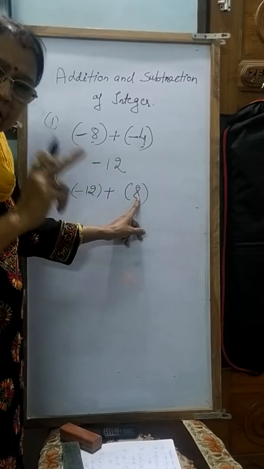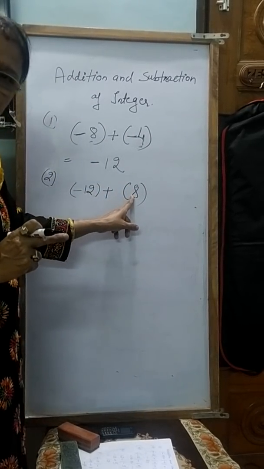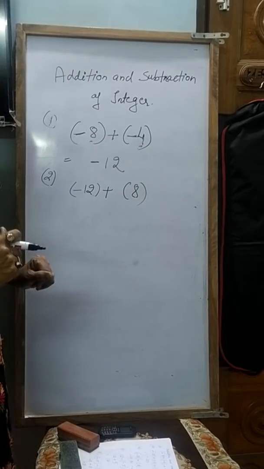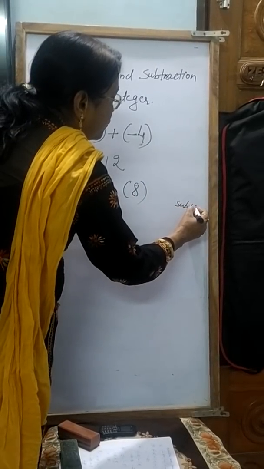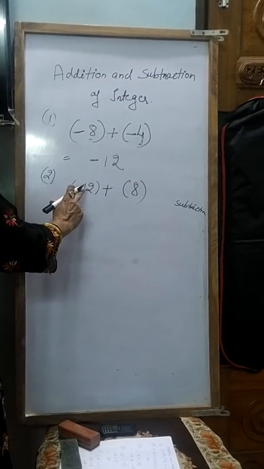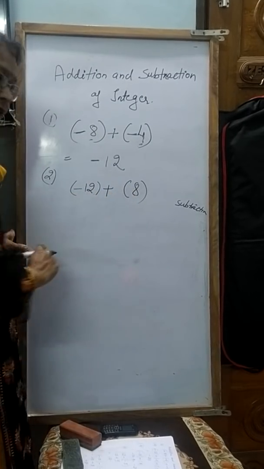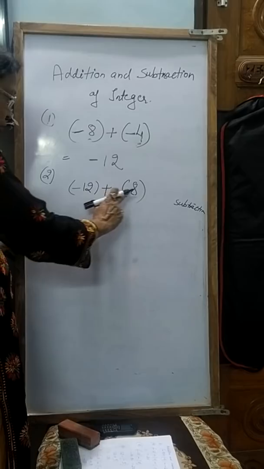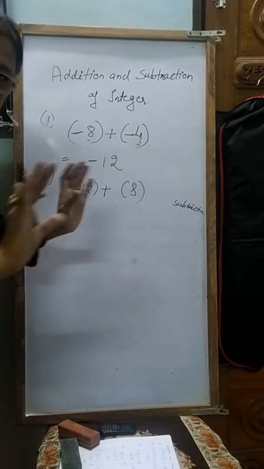If one number is negative and another one is positive, in this case you have to do the subtraction. You subtract as it is.